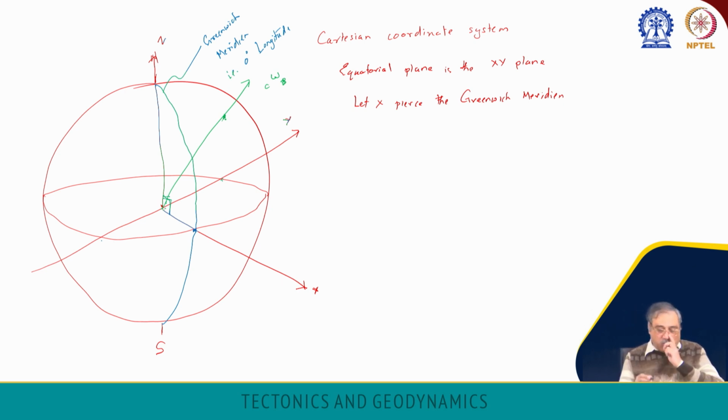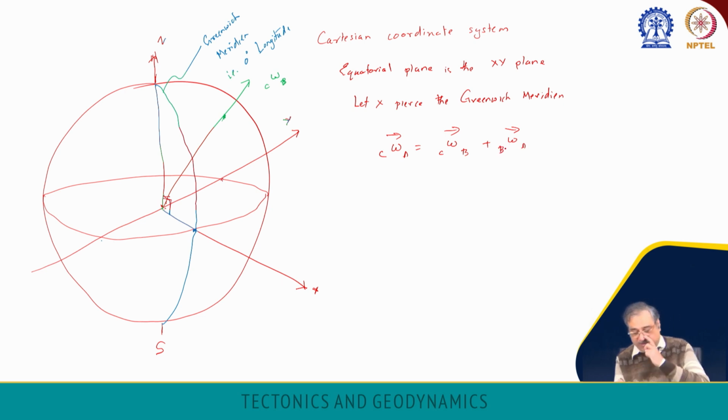Okay, so what we can actually say is that, according to the formula, omega a with respect to c, even magnitude wise, must be equal to this with respect to b. So the magnitudes have to equal up.